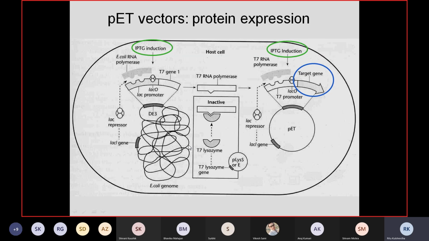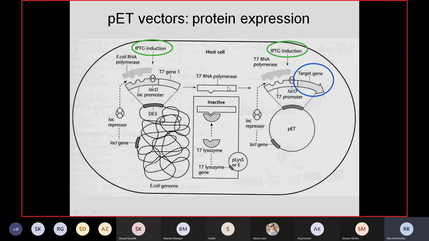What it does is induce the expression of T7 lysozyme, and once T7 lysozyme is made, it makes T7 RNA polymerase inactive. So it ensures that even though after IPTG we have very high T7 RNA polymerase being made in the cell, to some extent it gets inhibited because of some expression of T7 lysozyme from pLysS.